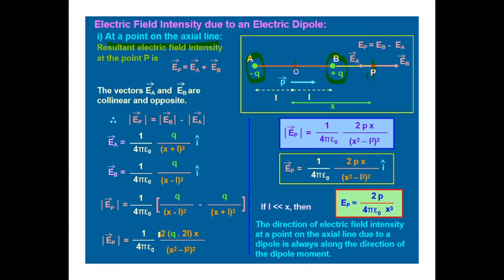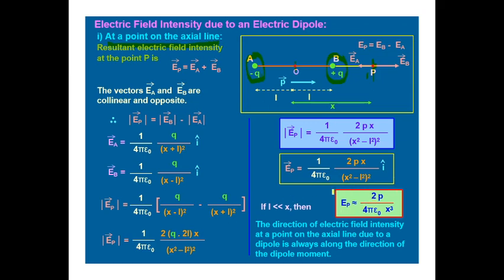Here the term q into 2L is the dipole moment, denoted by p. So the magnitude of EP equal to 1 divided by 4 pi epsilon naught, 2px divided by (x square minus L square) whole square, along the direction of the x axis, so unit vector i cap.